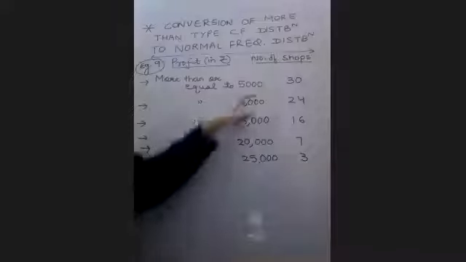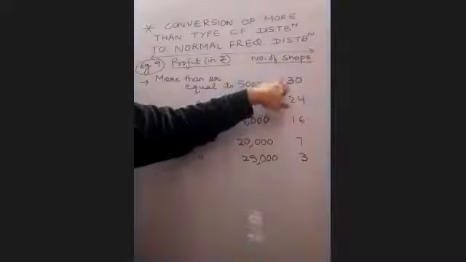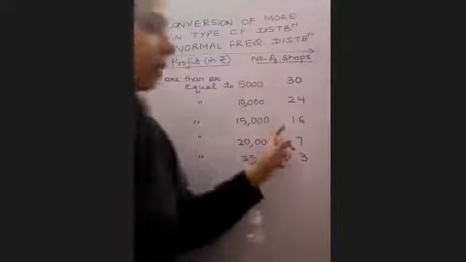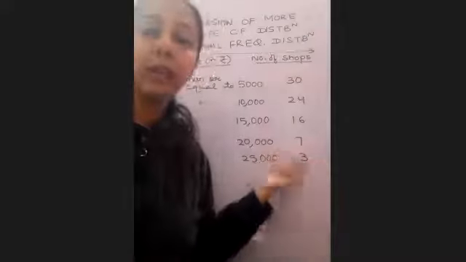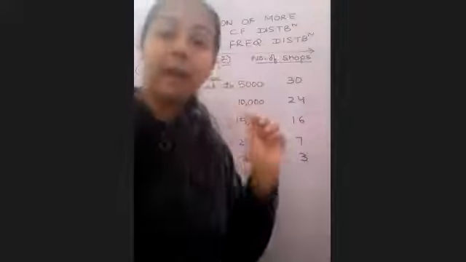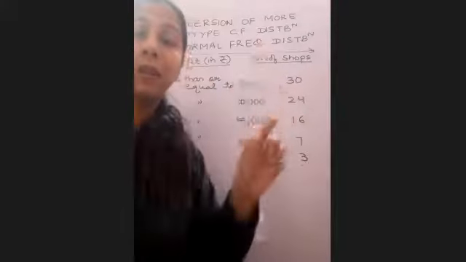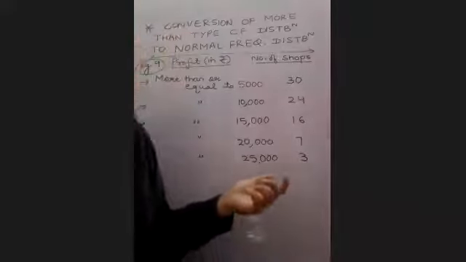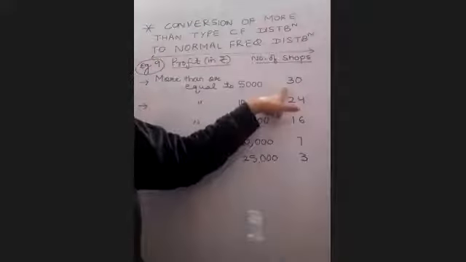And you can see the number of shops given is in descending order. So clearly it's cumulative frequency. So how many shops are there in the question? 30 shops.